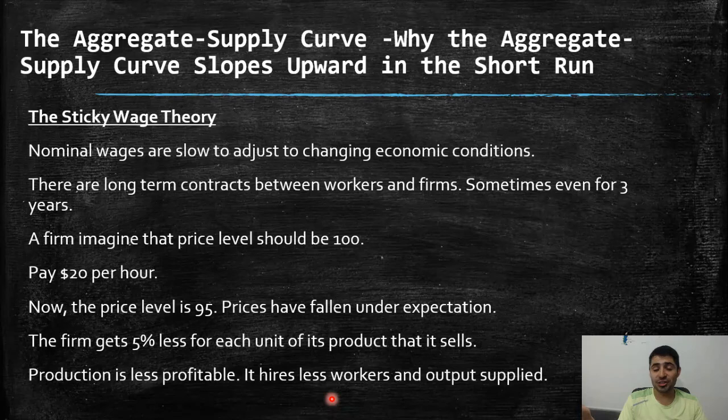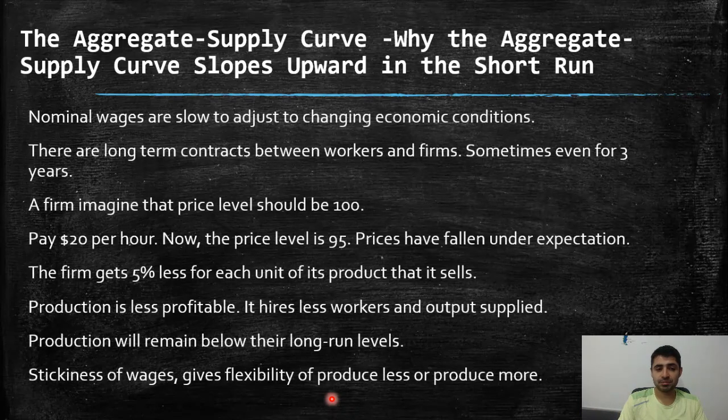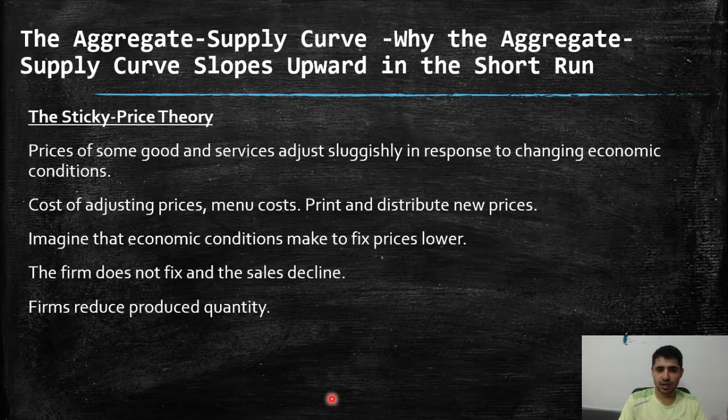So the production is less profitable, so it hires fewer workers and output supply falls. Nominal wages are slow to adjust to changing economic conditions because there are long-term contracts between workers and firms, sometimes even 3 years. This is the first situation, the sticky wage theory.